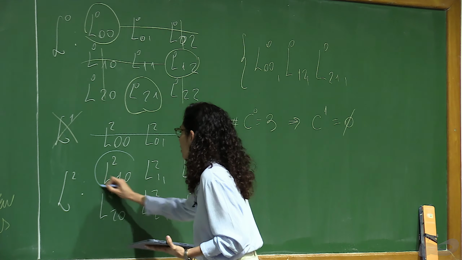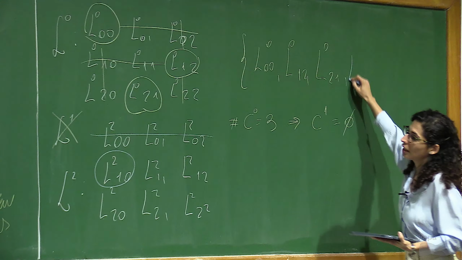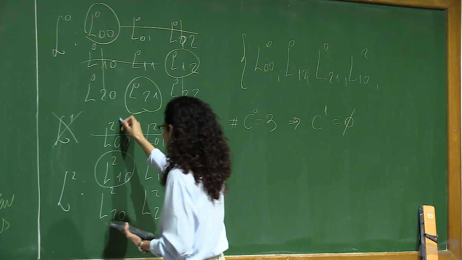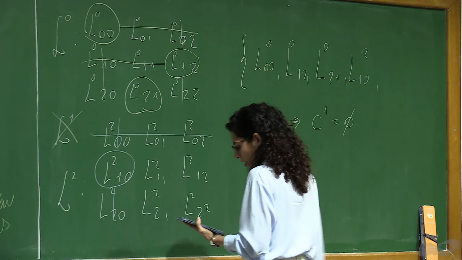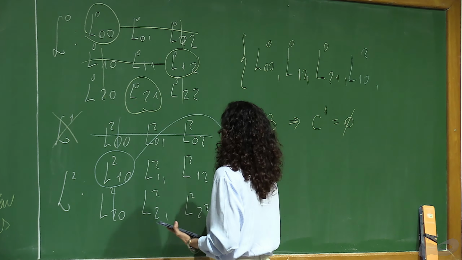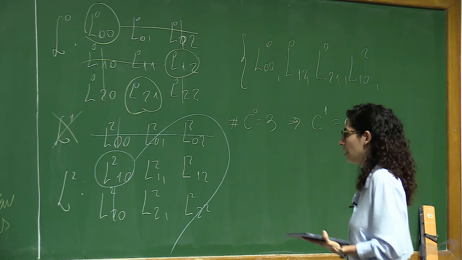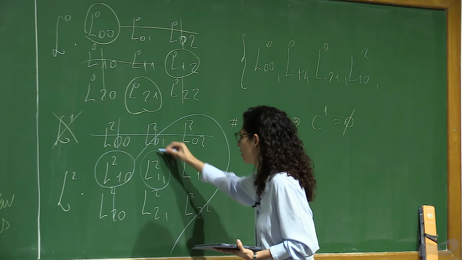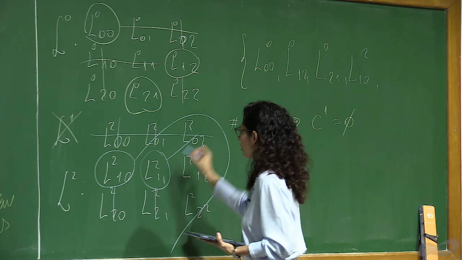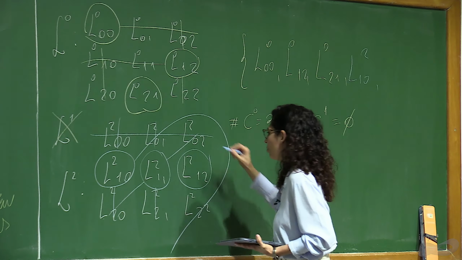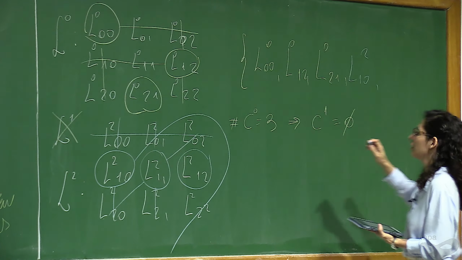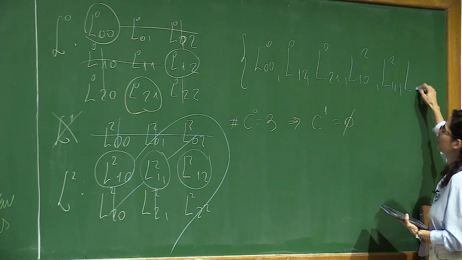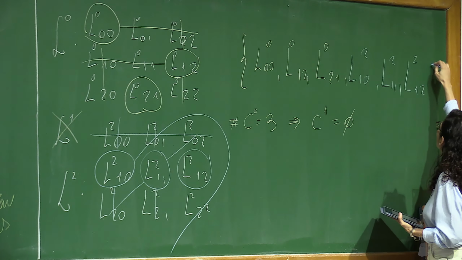And if we start by choosing this L102, I can't take another one in this column, and we eliminate these lines here. So we can choose this, eliminate this column and the anti-diagonal, and we have just this one. So L11 and L12.